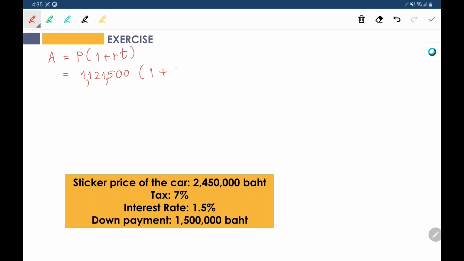For R, you have to change the percentage to decimal form. You get 0.015. This is your R. And how many years? 5 years. Then you multiply, 1 plus 0.075.